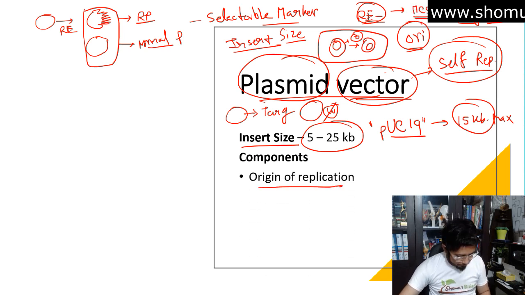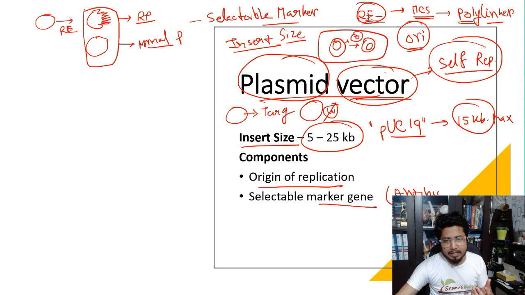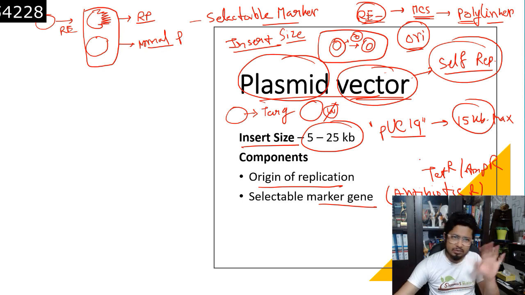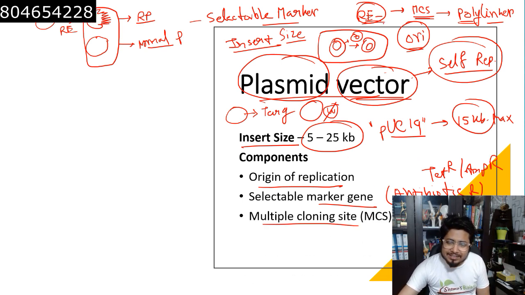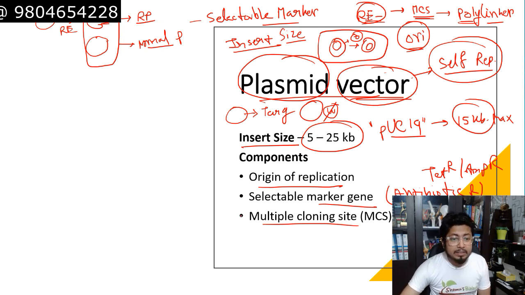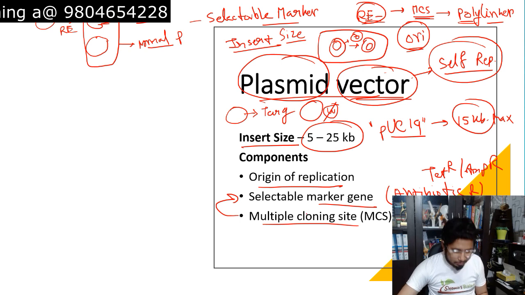Origin of replication known as ORI, selectable marker, which is in most cases antibiotic resistance genes, for example tetracycline resistance gene, ampicillin resistance gene, and so on. Then there are multiple cloning sites, restriction digestion sites, and generally these multiple cloning sites are present within the selectable marker region most of the time.